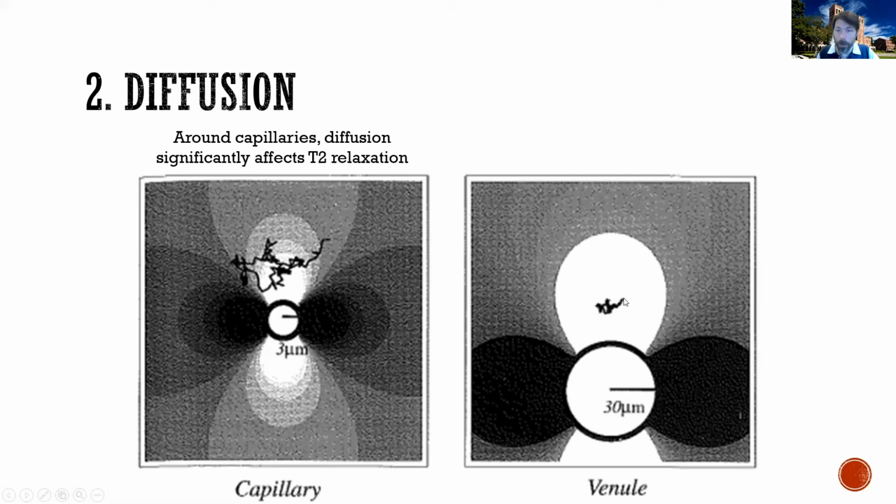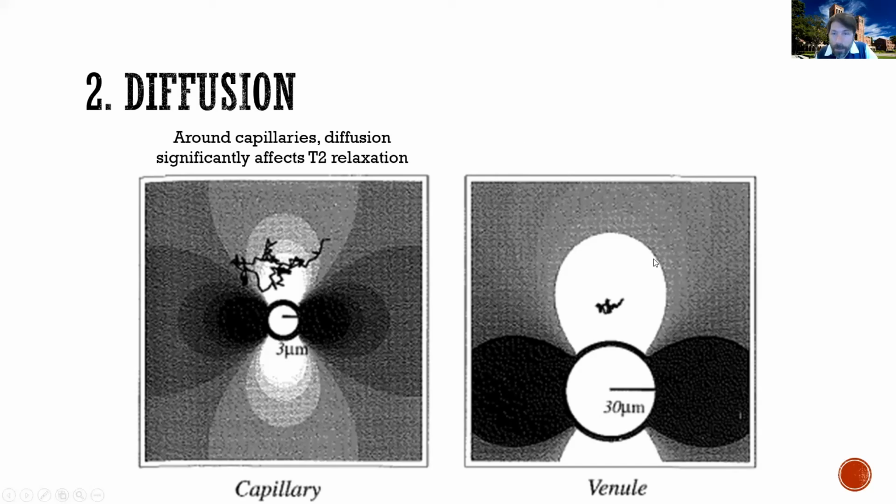And so this proton in here will never be able to go all the way out and change position with a proton that started here and came all the way in. Protons in here are stuck in here and will never be able to experience other magnetic fields. So diffusion doesn't affect venules to the same extent that it affects capillaries.